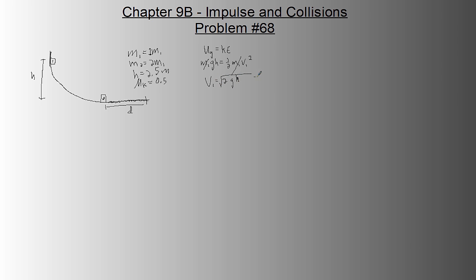Just a little bit of rearranging there. Plug in 2.5 and 9.8 and you get 7 meters per second. It's nice. So that's the speed of block 1 right before the collision.